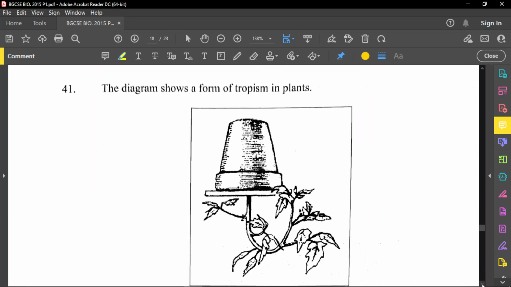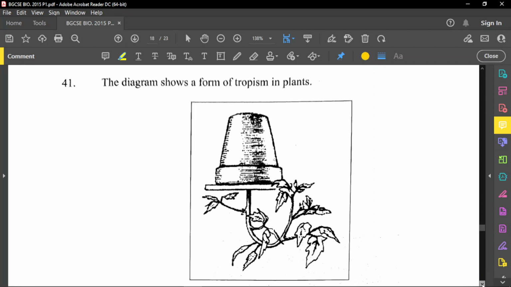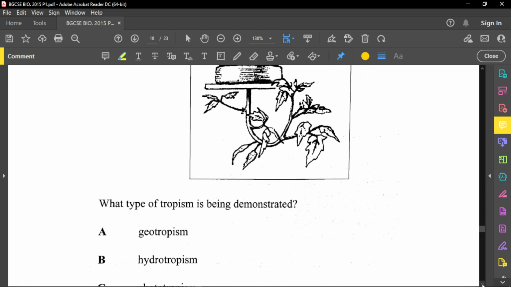So question number 41. A diagram shows a form of tropism in plants. Notice the plant is turned upside down, but the shoot is going upwards, right? The question asks what type of tropism is being demonstrated. I can see the answer right off the bat. There's no light here, so the plant is not responding to light, so there's no phototropism at all.